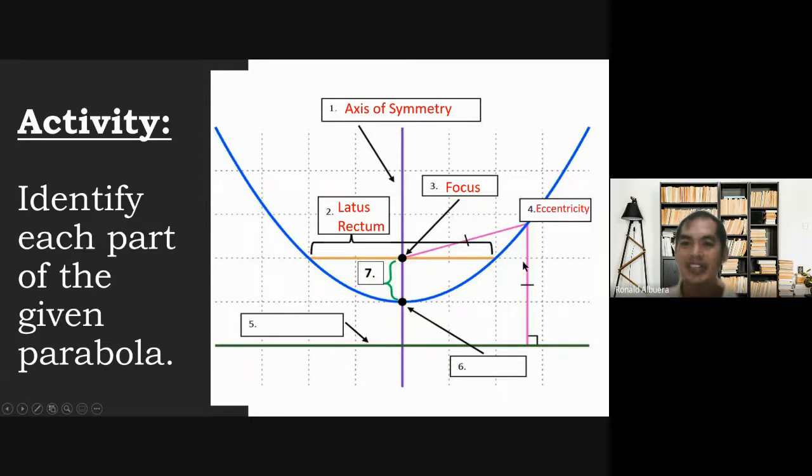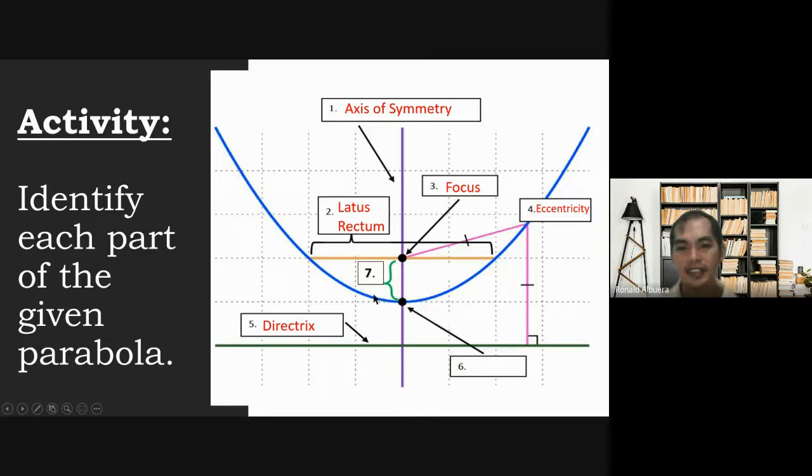So nakalimutan nyo na, no? And how about this? Itong kulay dark green, which is perpendicular to the axis of symmetry. Of course, yan ang tinatawag natin na directrix. And how about this?